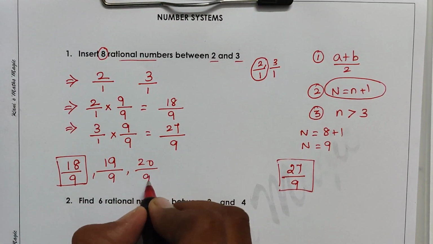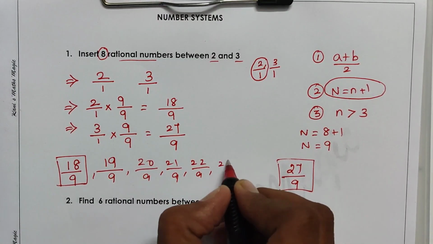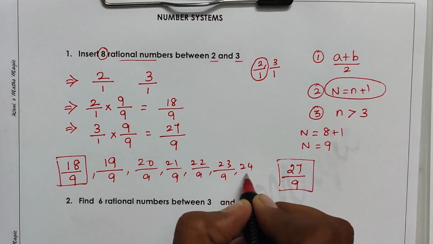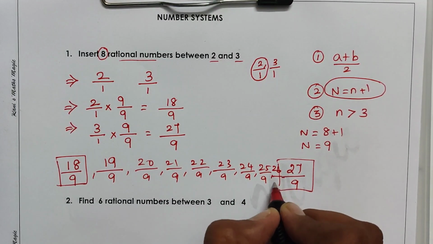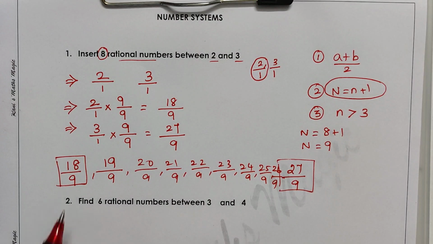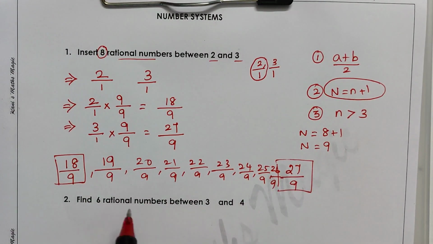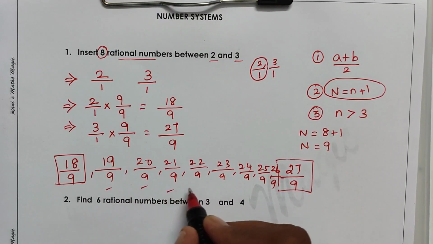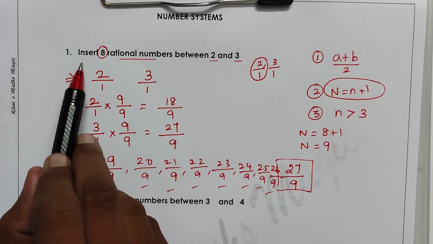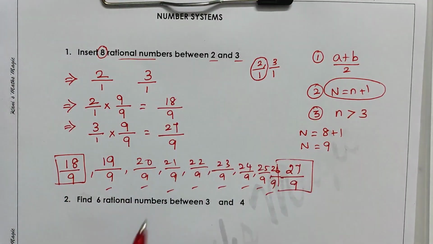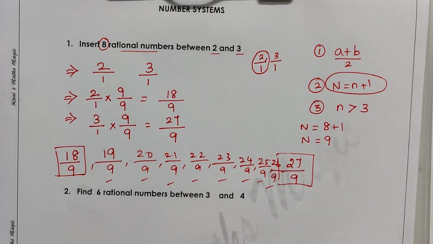Next 20/9, 21/9, 22/9, 23/9, 24/9, 25/9, 26/9. That's all. From 18 to 27, we are inserting: 1, 2, 3, 4, 5, 6, 7, 8. What did they ask? Insert 8 rational numbers between 2 and 3. So we did it. This is the simple step.